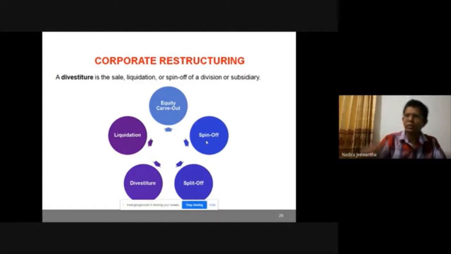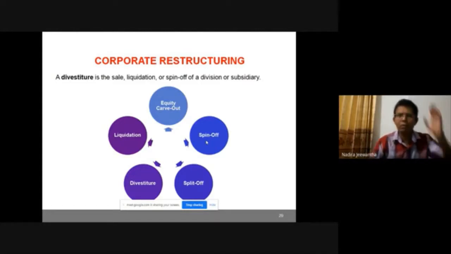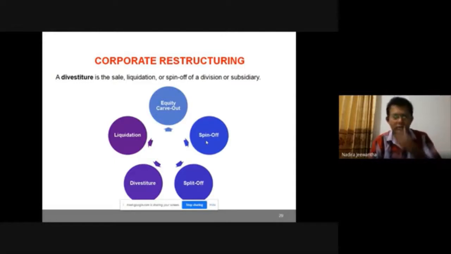For example, John Keells is doing very well, but due to the market coming down, its prices have come down. It is not because John Keells is performing badly. No, it is the market fundamental scenario, the systematic risk. We have learned this systematic risk, which is common to everybody.